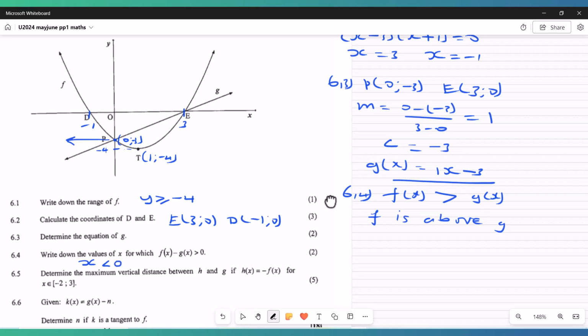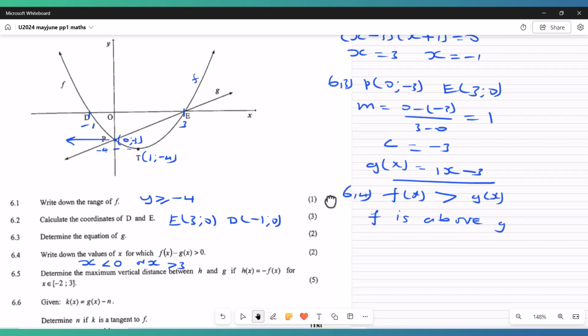Then check here now. Between 0 and 3, which one is above? G is above, then F is below. But we want F must be above G, so I don't want this interval. Now check after E, after 3, which one is above? F is above, G is below. So it means I have all x bigger than 3. Yeah, that's the answer here.